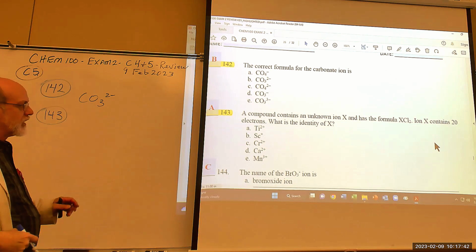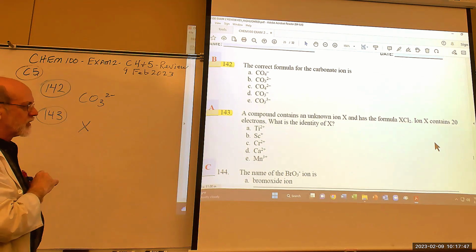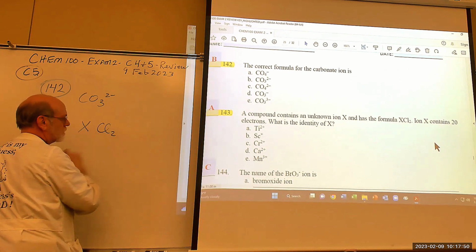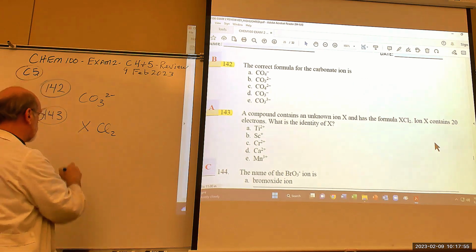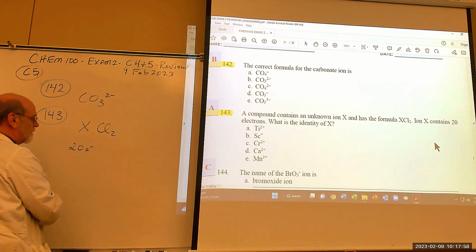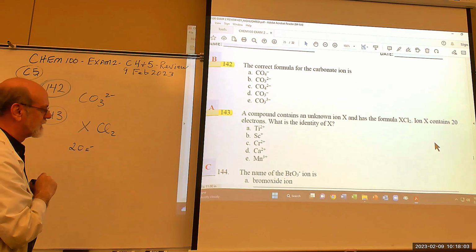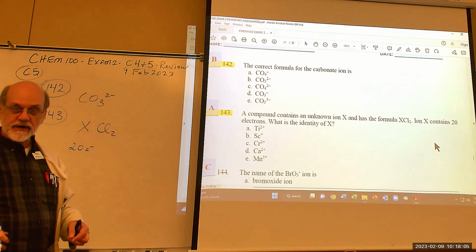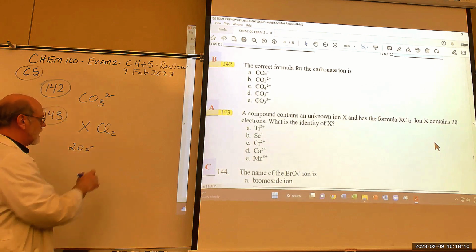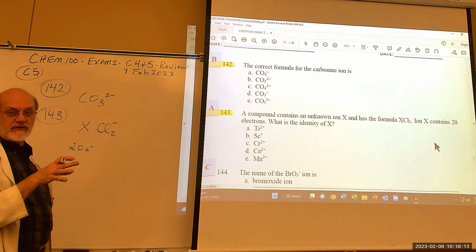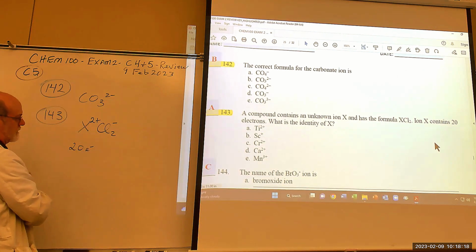A compound contains an unknown ion X. It has a formula XCl2. The ion X has 20 electrons. What's the identity of X? This is fairly specific. We're told that there's one of these for every 2 of those. That means chlorine is a halogen with a -1 charge, so this one has to be a 2+ charge.